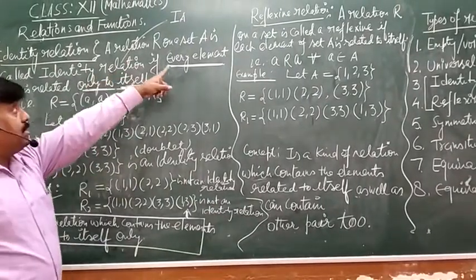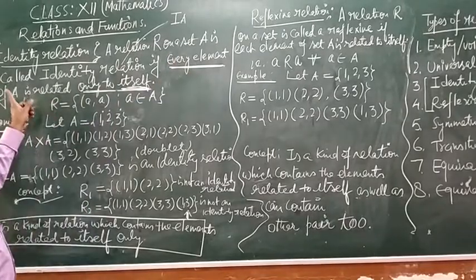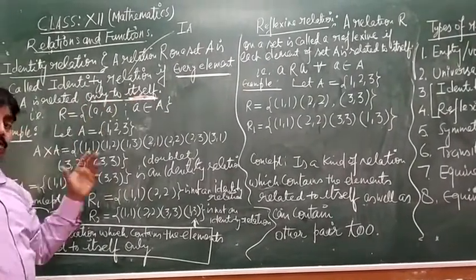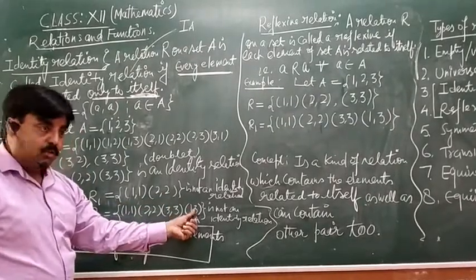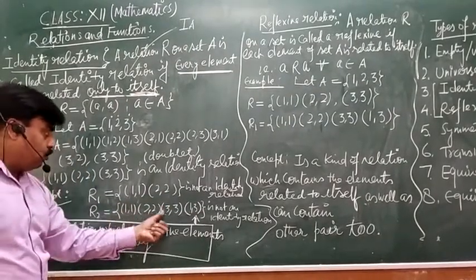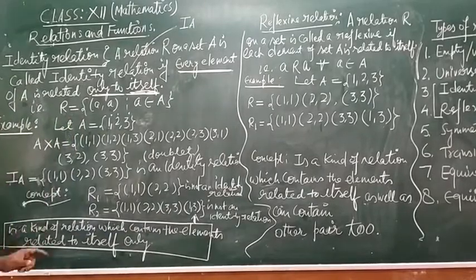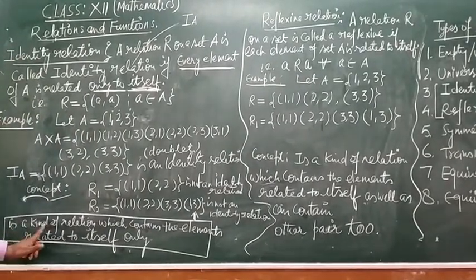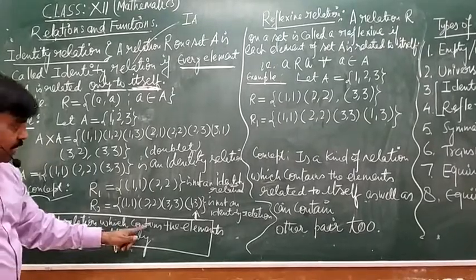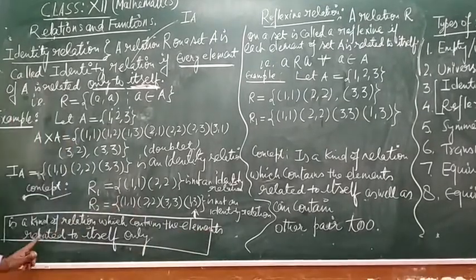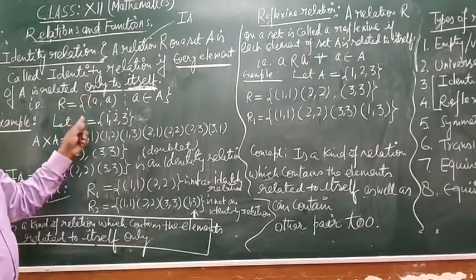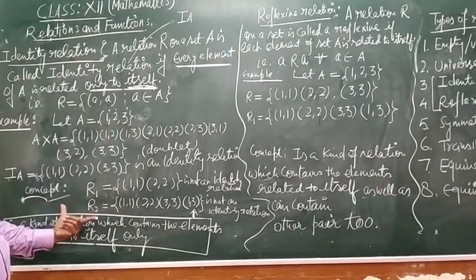Because identity relation is every element of A related only to itself. 1, 3 is not itself to itself; 1, 1, 2, 2, 3, 3 are related to themselves. So you can say an identity relation is a kind of relation which contains the elements related to themselves only, itself to itself. That is identity.